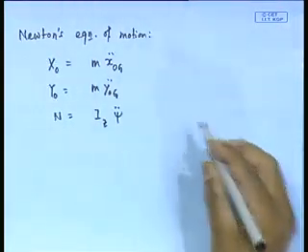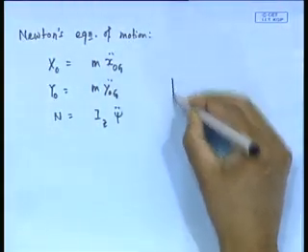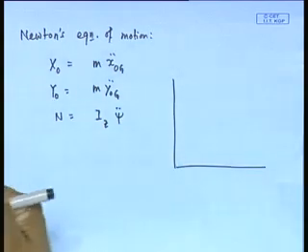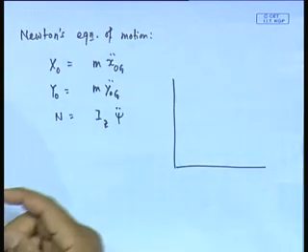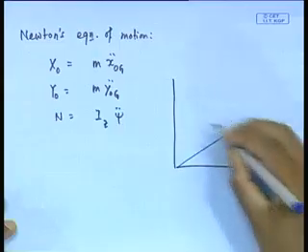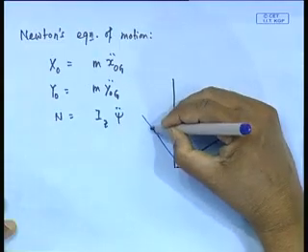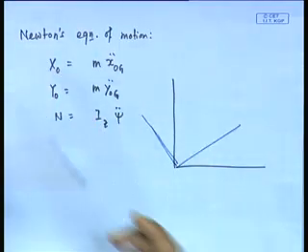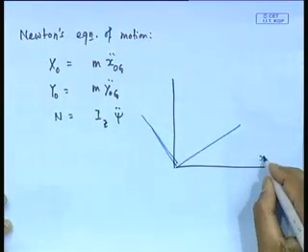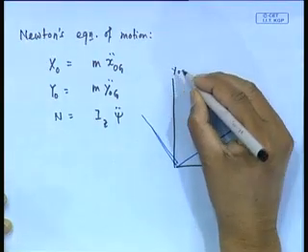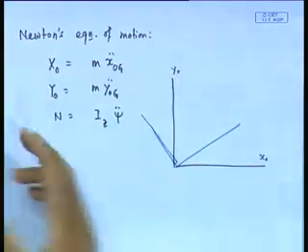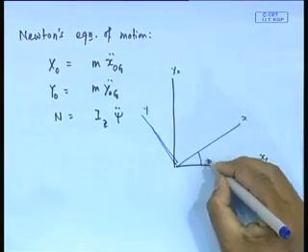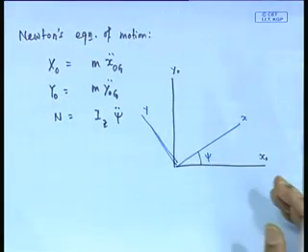Now, I will just tell about a transformation. Supposing I take two coordinate systems. The orientation between the two is this. One is my x0 y0 and one is my x y. This angle is basically my psi or theta, whatever you call.